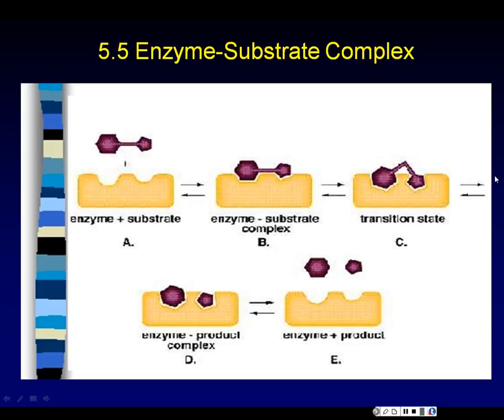Remember, water is going to be split somewhere, and the enzyme is going to help put the hydrogen back and the hydroxyl group back. And then down here, you'll see that the former disaccharide has been made into two monosaccharides, and then these are released, and the active site goes back to its shape.